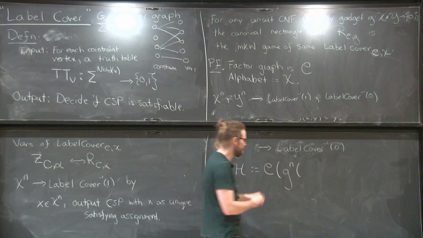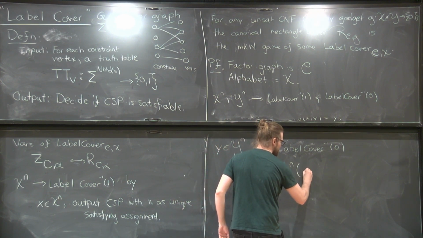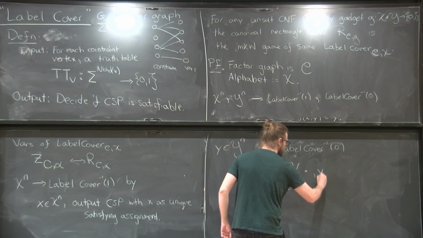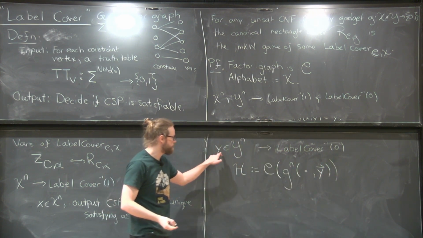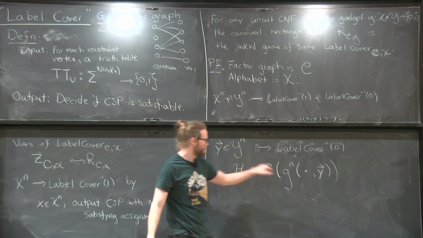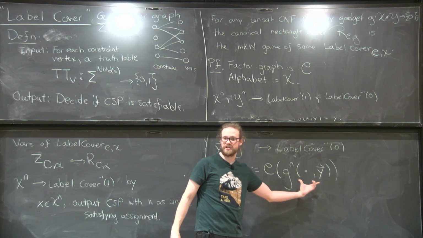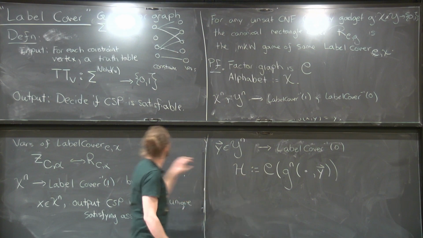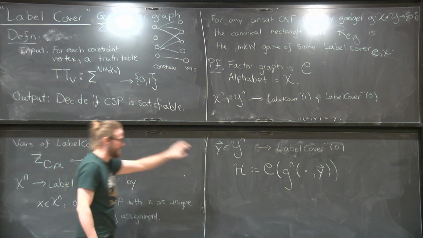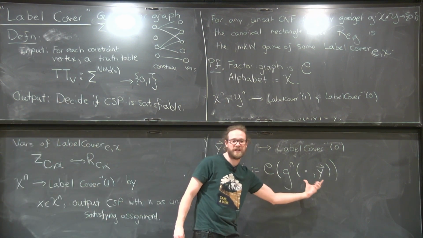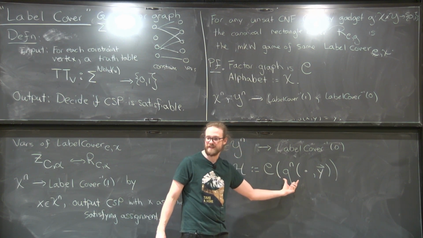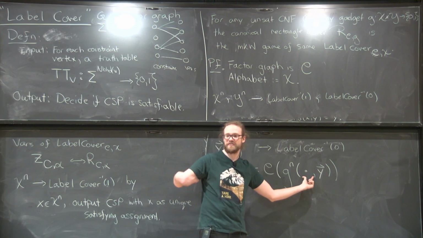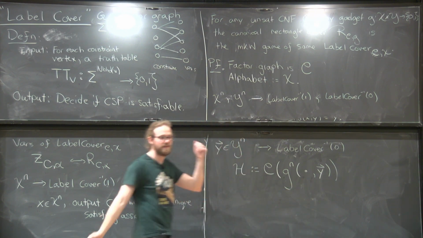This is like g to the n. So the free variables are the x's, and I'll just plug in the y here. Every y will get plugged in on the y side of the gadget, and my truth tables will be defined so that H is exactly this CSP. So take my unsat CNF and compose it with G. And then the free variables are the x's, which of course satisfies all the types.